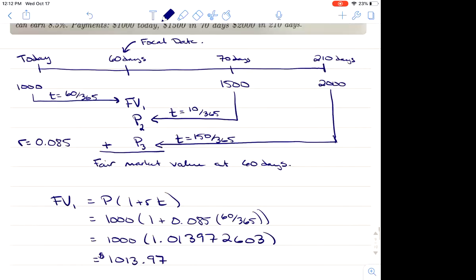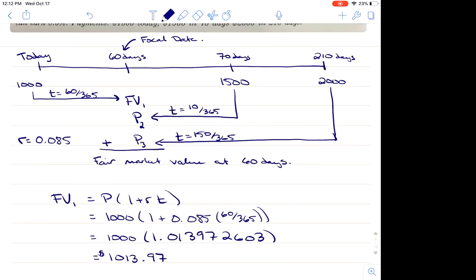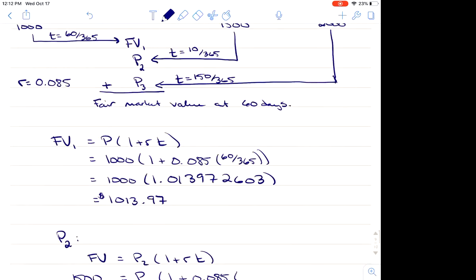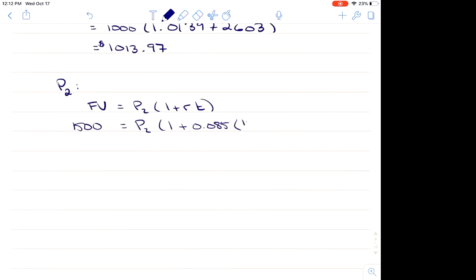The future value for P2 is 1,500. So 1,500 is P2 times 1 plus the rate, which is 0.085, times T, which we decided was 10 over 365.